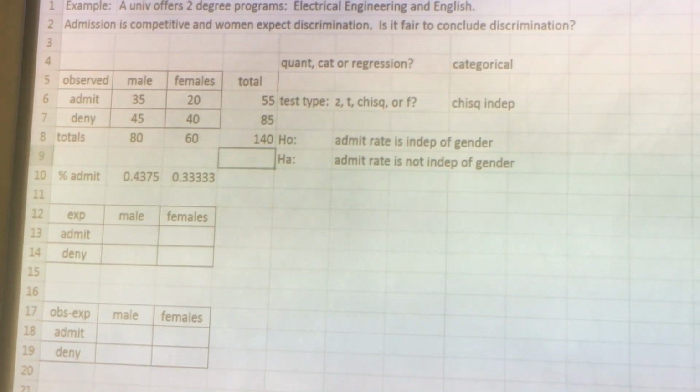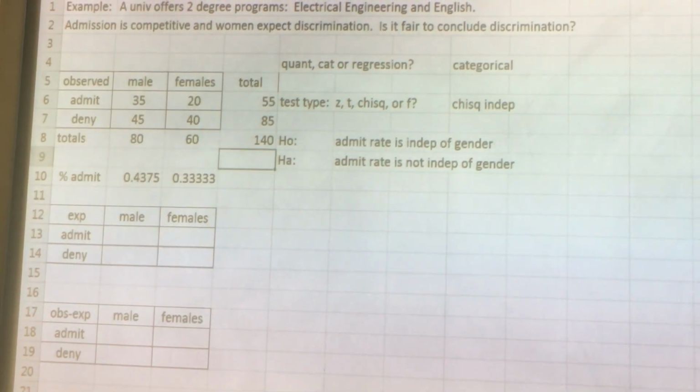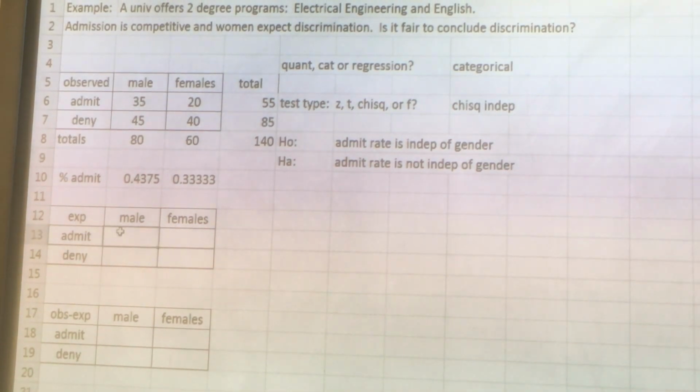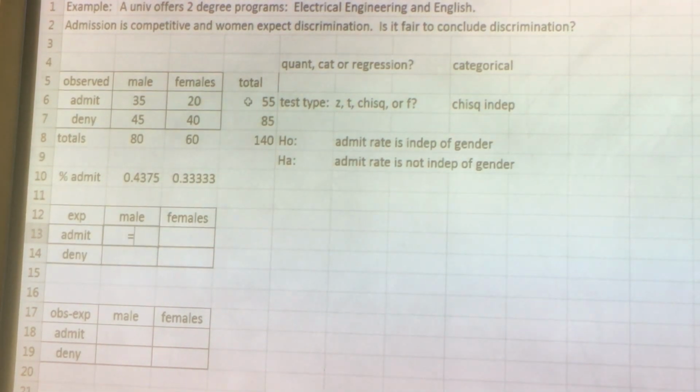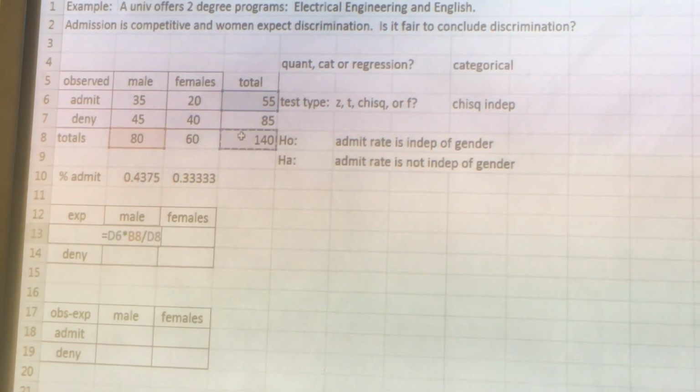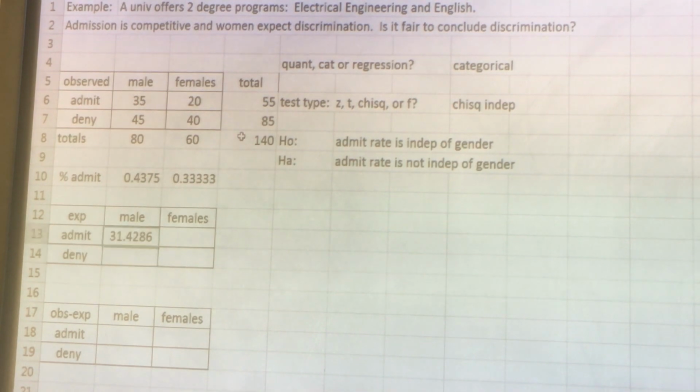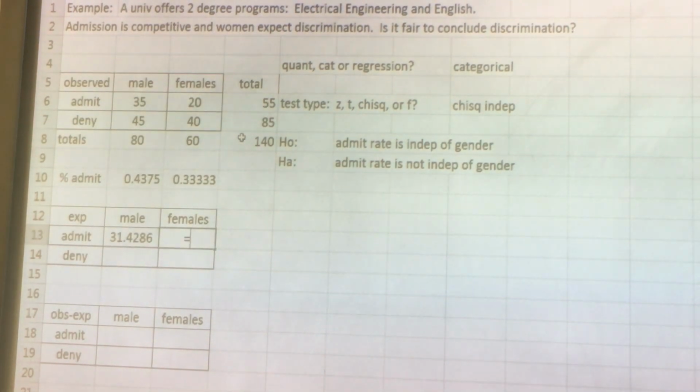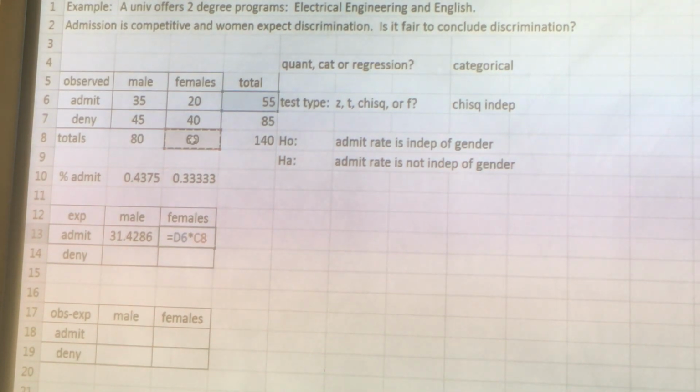All right, so we have 140 people that applied to this college. So here's what we're going to do. We're going to figure out the expected count here. This is the row 1 total times the column 1 total divided by the grand total. Then the row 1 total times the column 2 total divided by the grand total.